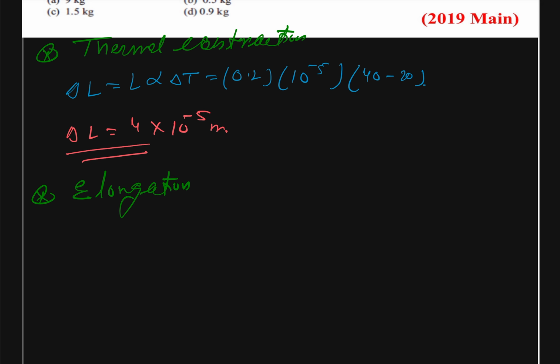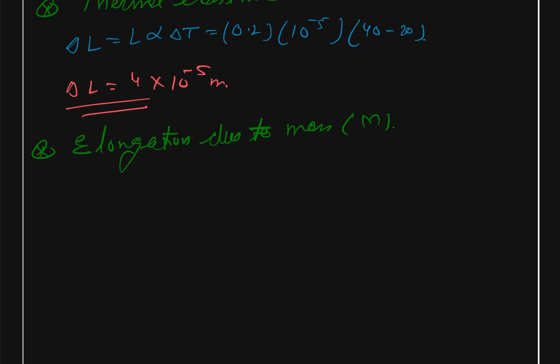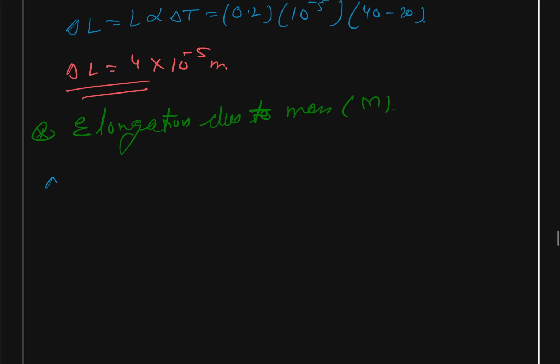Let us suppose the mass is M, and the elongation is delta L, which will be equal to force times L over area into Young's modulus, and this force F will be because of M into g.